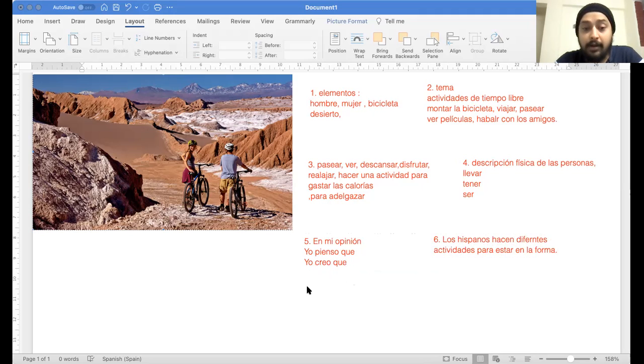And in another part I can write the connectors. Sin embargo, además, también, y, pero, aunque, and important verbs I am going to use: ser, tener.